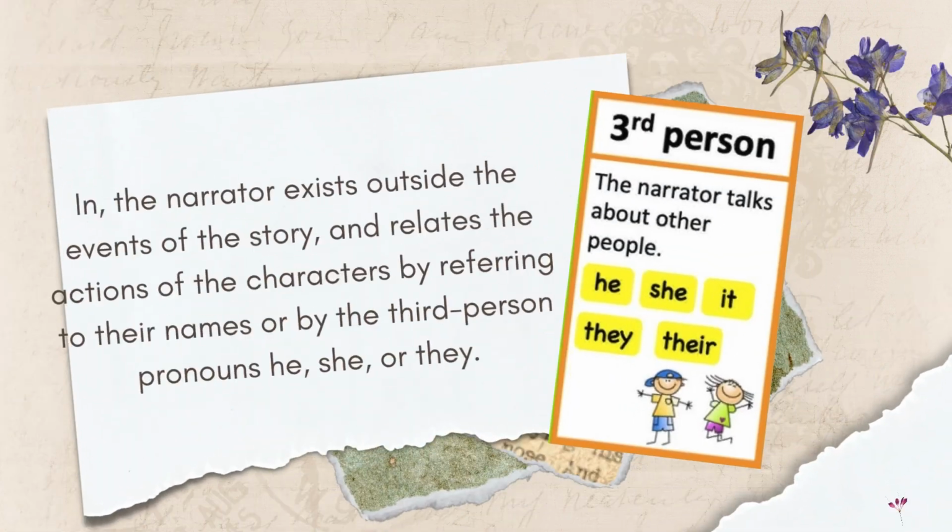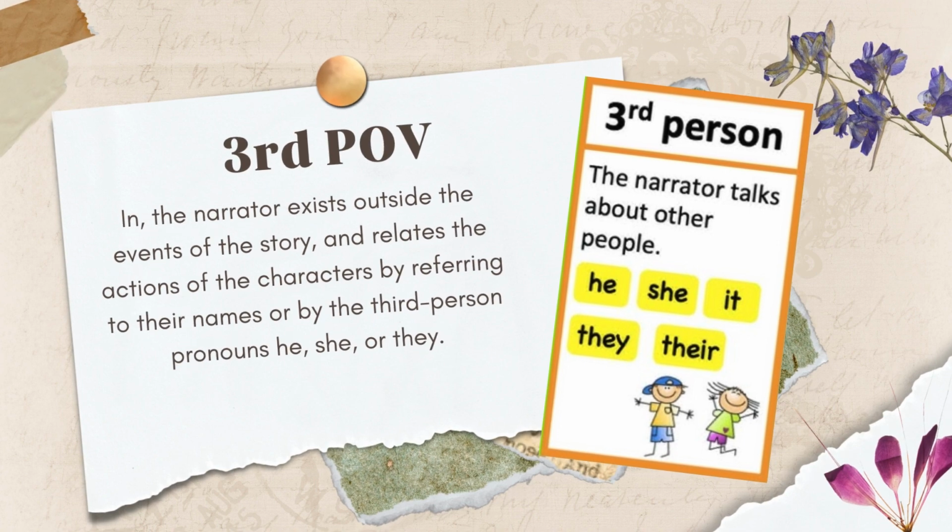And lastly, we have the third person point of view. The narrator exists outside the events of the story and relates the actions of the characters by referring to their names and by the third person pronouns he, she, or they.